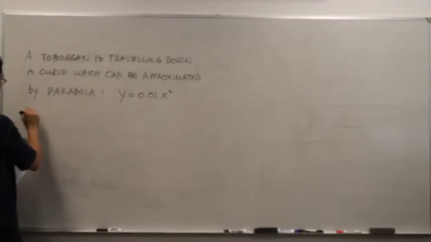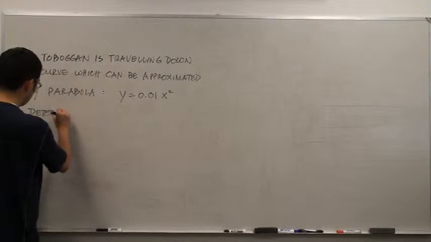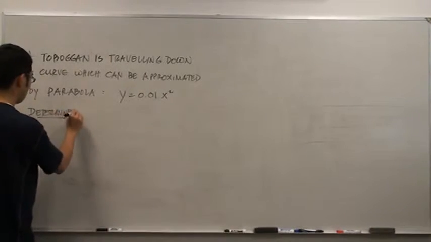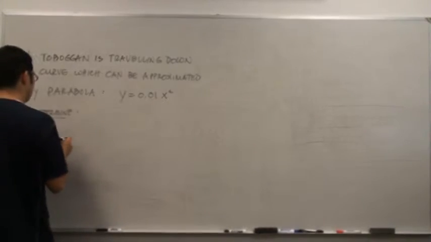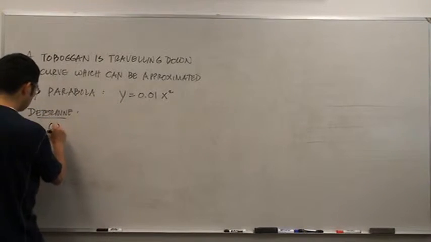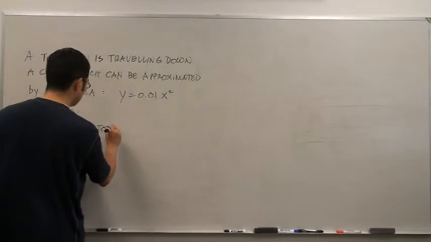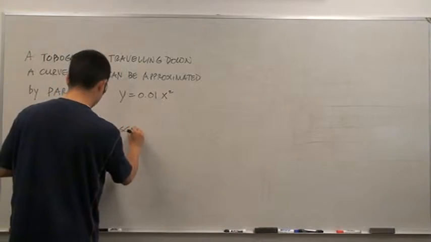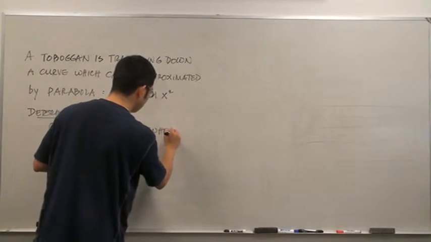Okay? So determine the acceleration of the toboggan at point A. I'm going to show you the picture in a little bit.